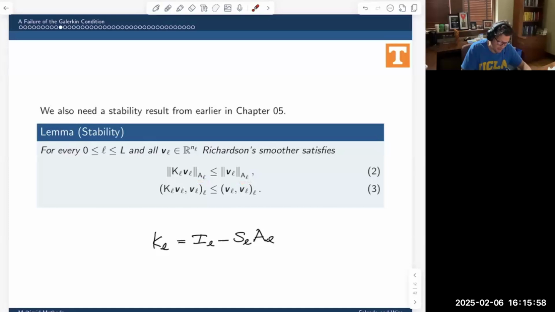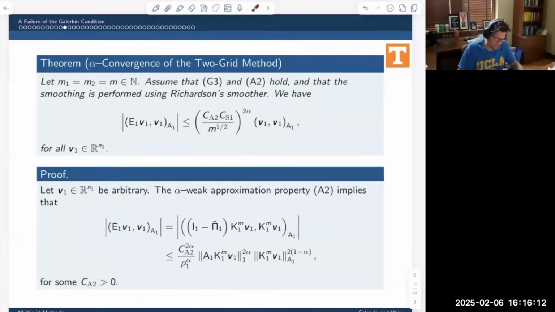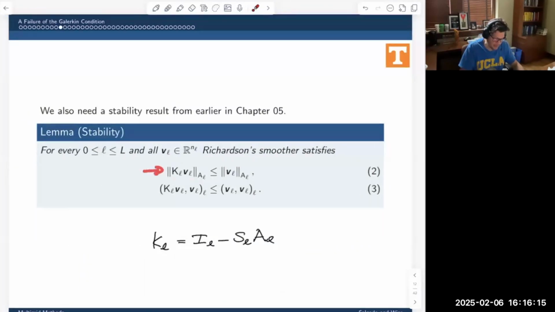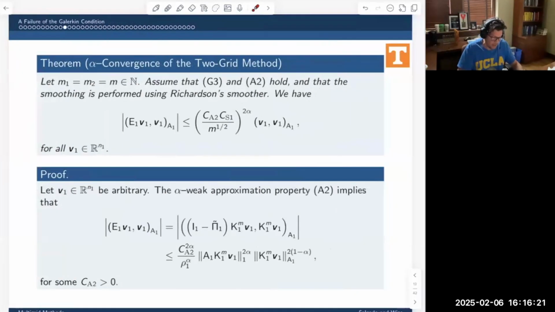That means that when I take the A_L norm of this product, this goes away. And this is a little bit like saying the A_L norm of the K_L matrix is less than or equal to 1. We have two stability statements that we proved with this lemma, but in fact, we only need this one.